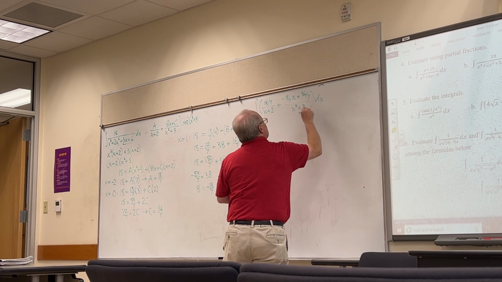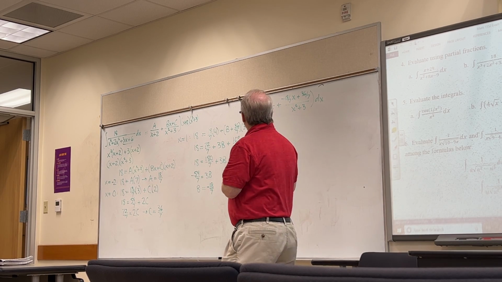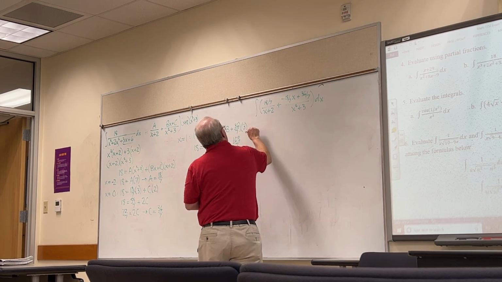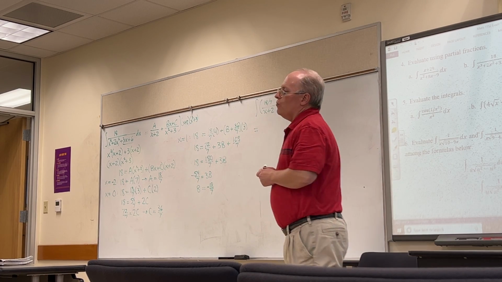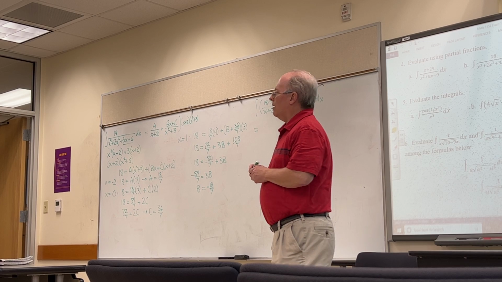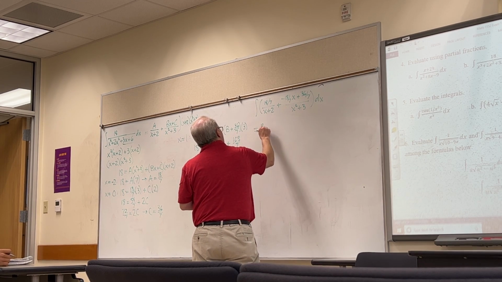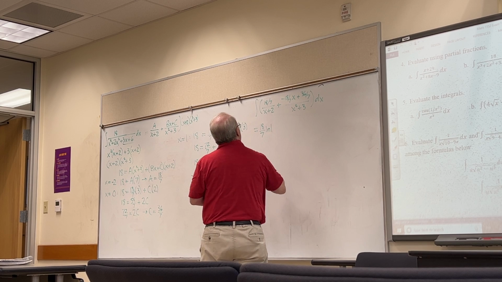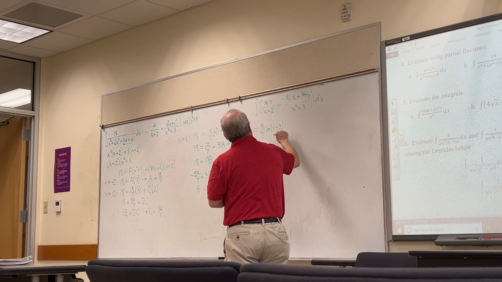We need to take the integral of that. All right, so what's the integral of 18/7 over x plus 2? We get 18/7 times the natural logarithm of the absolute value of x plus 2, right?